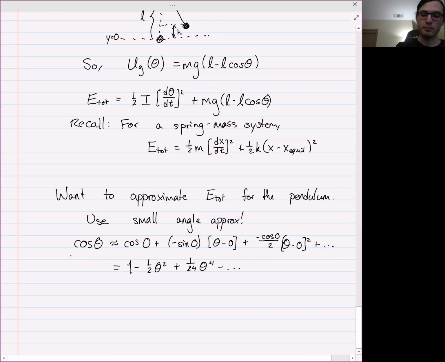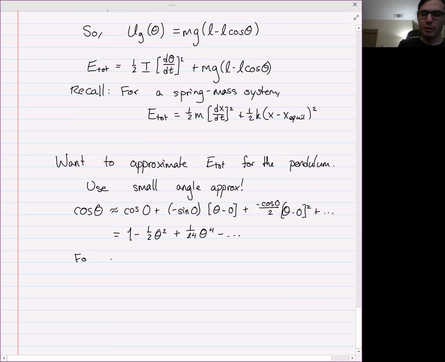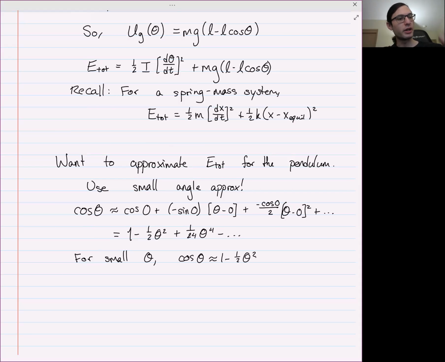And so for small theta, cosine of theta is approximately equal to 1 minus 1/2 theta squared. By the way, I'm almost done, and then we'll call it.